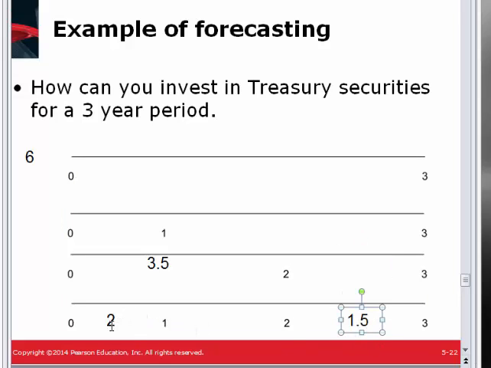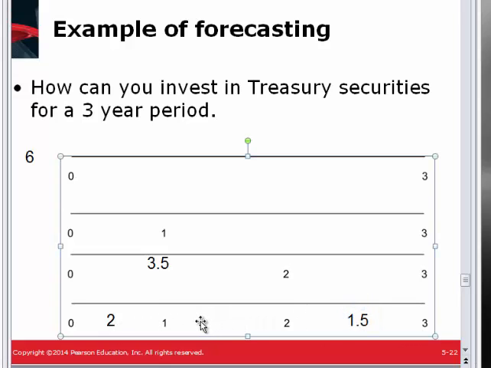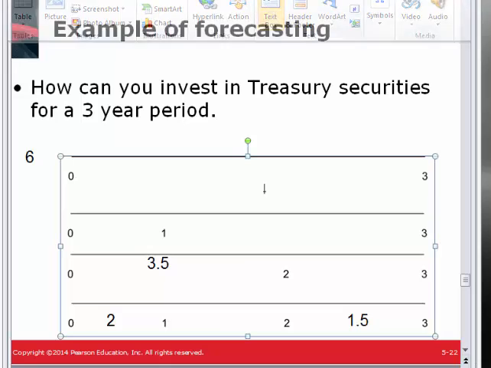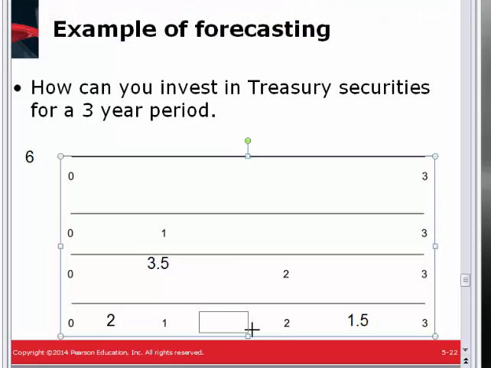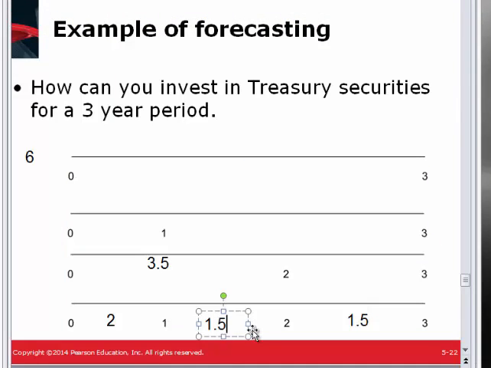So I know that 0-1 is 2%. 1-2, I don't know what this one is yet, but 2-3 is 1.5. So 2 plus 1.5 is 3.5. That means that the 1-year interest rate forecasted forward is 1.5%.